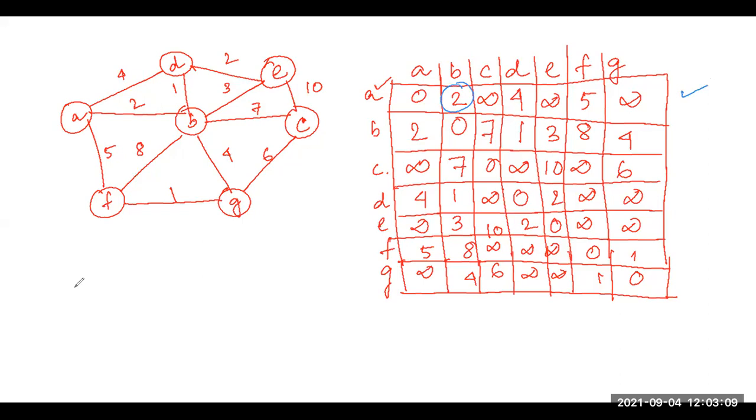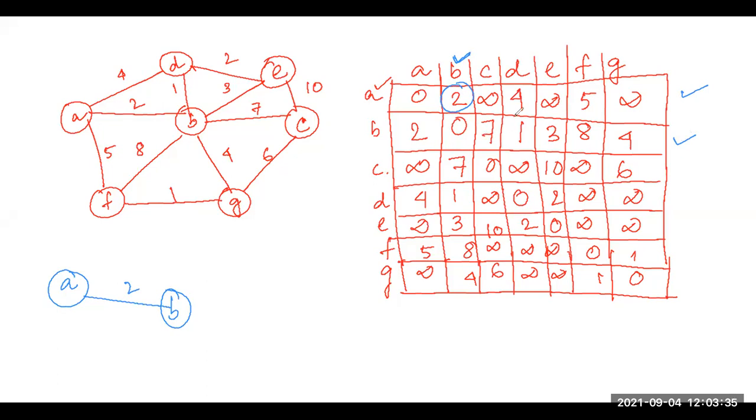So I can first draw like this, A to B. Second, when the A to B connection is there, the column which is included is B. Now I will look for the minimum combining these two rows. So if I look for the minimum combining these two rows, where is the minimum value? B to D, ma'am.